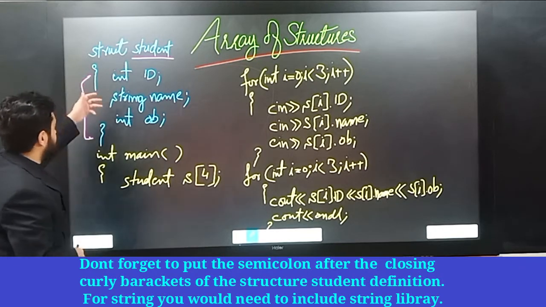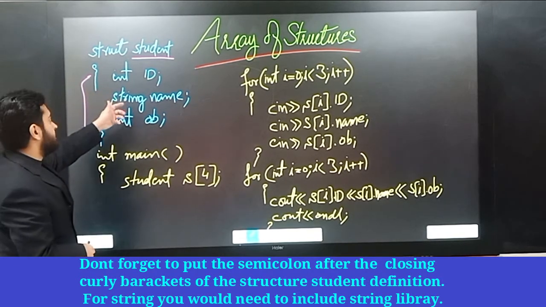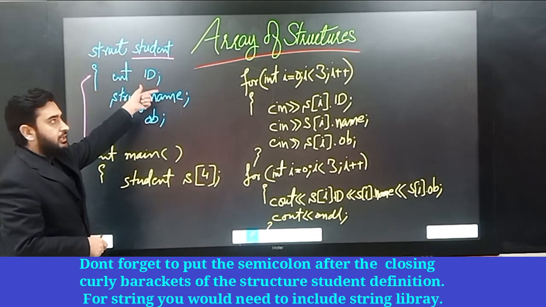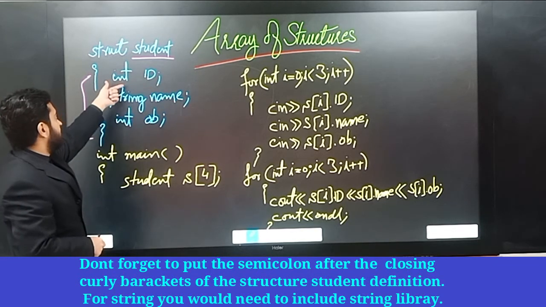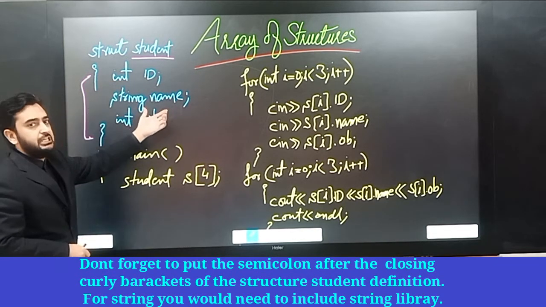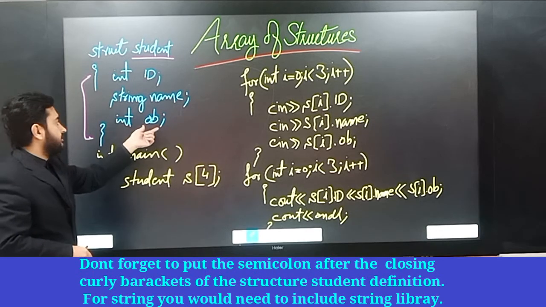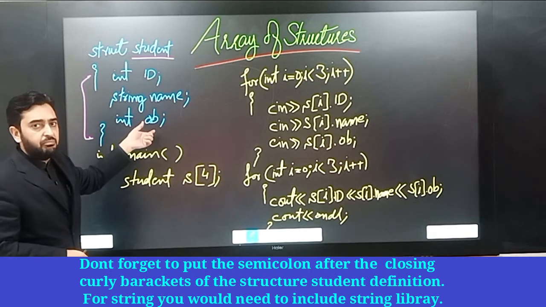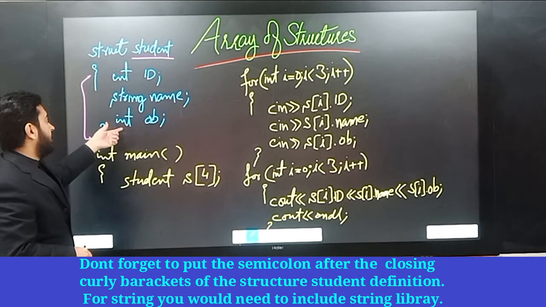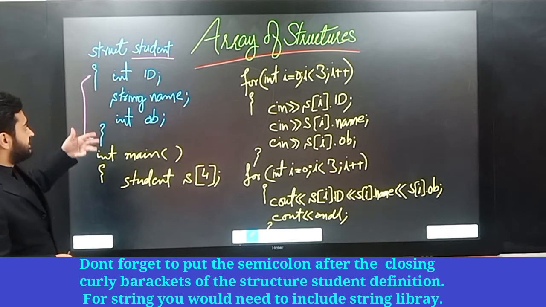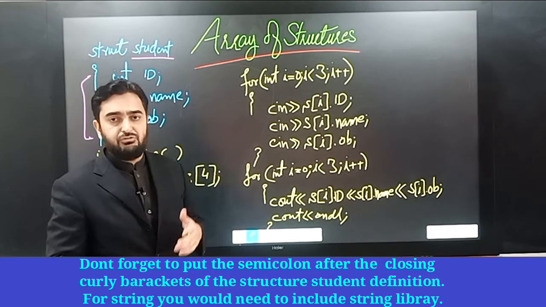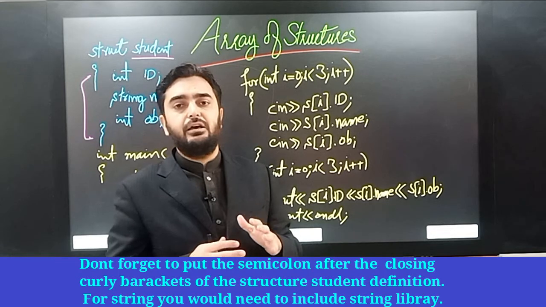We have three variables. One is the ID variable, declared in the structure of type integer. Second is the name variable of type string, and third one is the OB, the obtained marks for a student, of type integer. These are just example variables that we have declared in the structure.